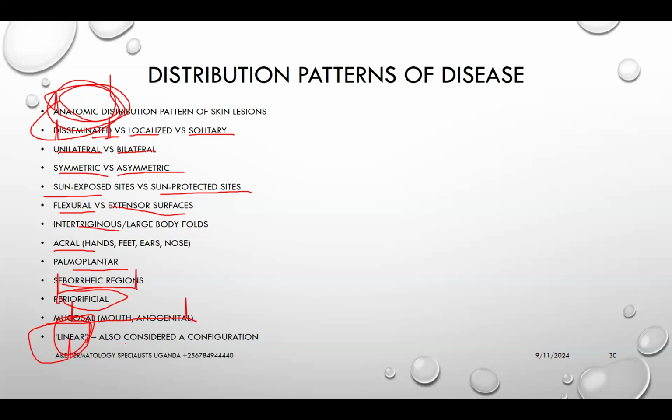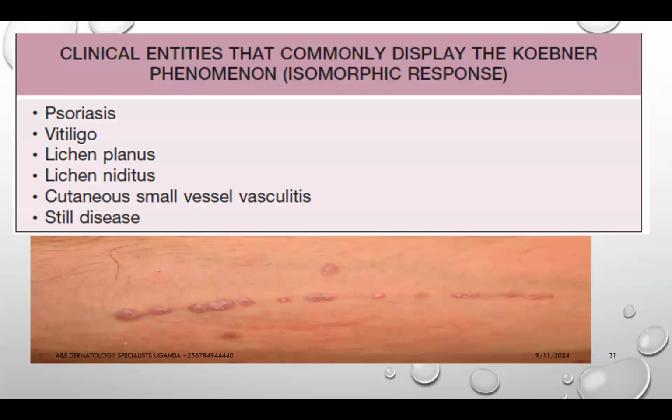So that is a very important point to note, that when it comes to linear, we use it for both distribution and configuration. Here I was trying to show you what we mean by Koebnerization or the isomorphic response. In this case, initially you have a skin condition like lichen planus in this picture. But then someone scratches the body or gets a wound or a trauma. What happens is that the disease follows that line of trauma.